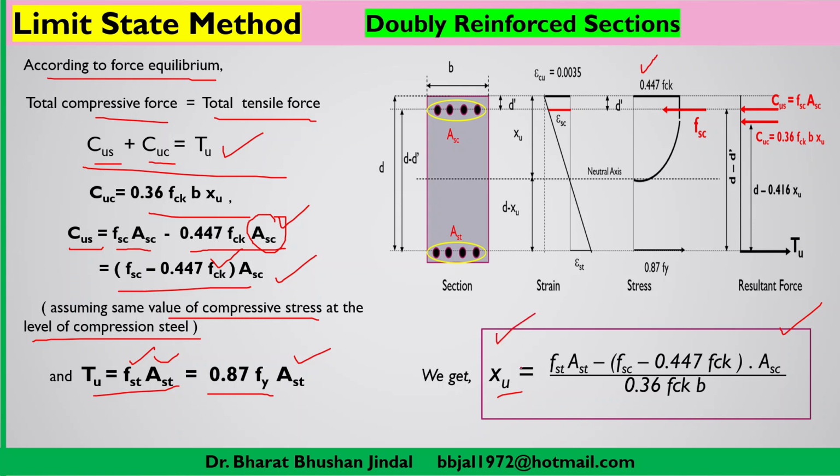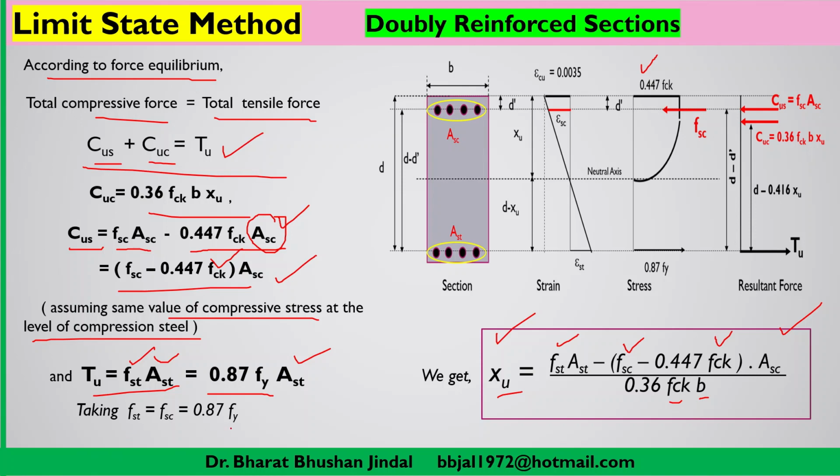If you analyze this equation, you can easily understand that the XU value depends upon the grade of concrete, stress in steel at the level of compression steel, stress in steel at the level of tension steel, and grade of concrete again, as well as the width of the section.